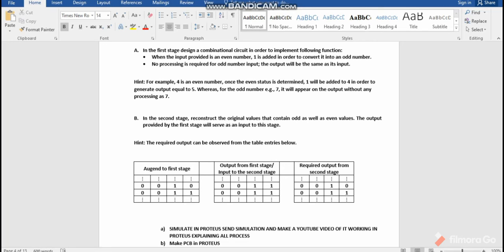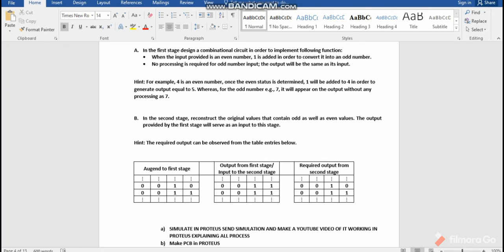So now we look at the required output table. In this table, when the input is 0010, which is 2, the output at the first stage is 0011, which is 3, which means that we fulfill the requirement of our instructor: if we give an even number to the circuit input, then the output at the first stage will be an odd number, which means that it adds 1 to the even number and the input becomes an odd number.